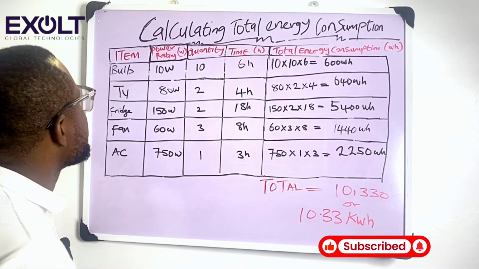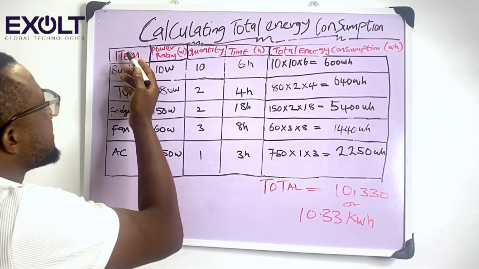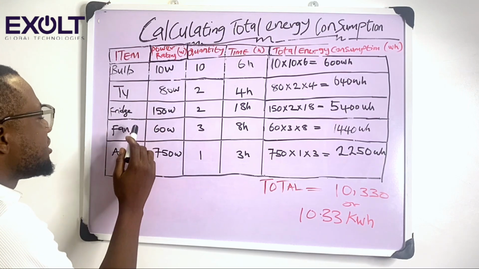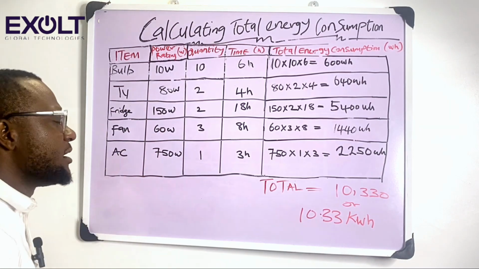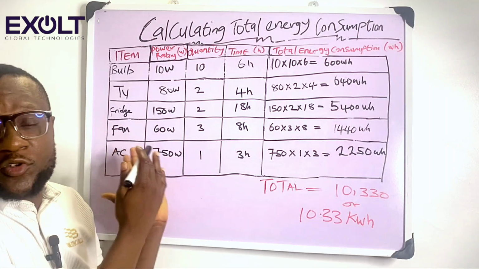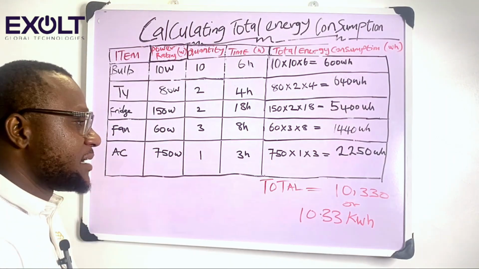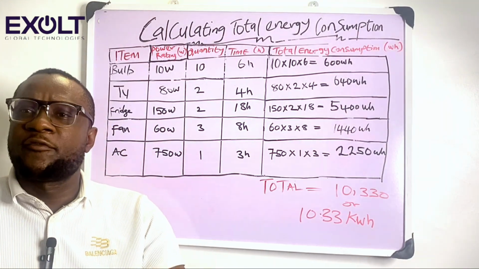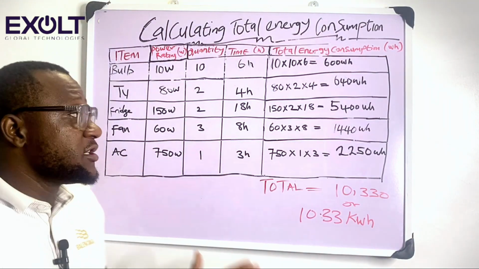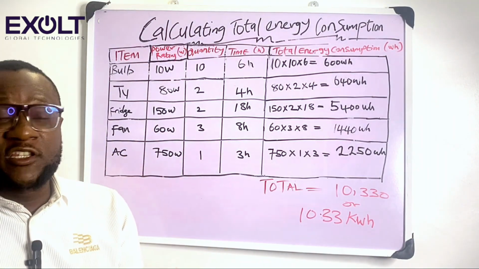In this table we have the items. For this house we have the bulb, the TV, the fridge, the fan, and the air conditioner. These are just parameters we are using as examples for this class. In your own case, you may have fewer or even more items. This is just for illustrative purposes.